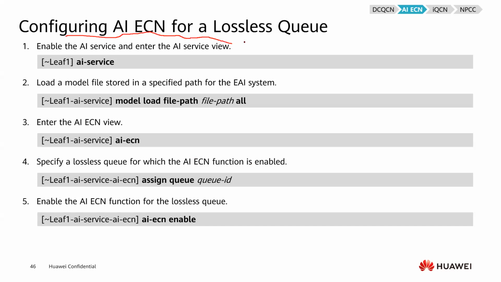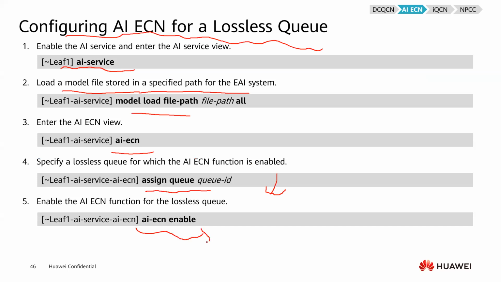Configuring AI ECN for a lossless queue. First, we enter the AI service view, and we load a model file stored in a specific path for the AI system, and enter the AI ECN view. We assign a queue ID, which queue enables the AI ECN, and then we input the AI ECN enable.